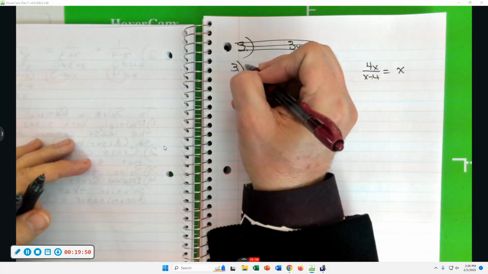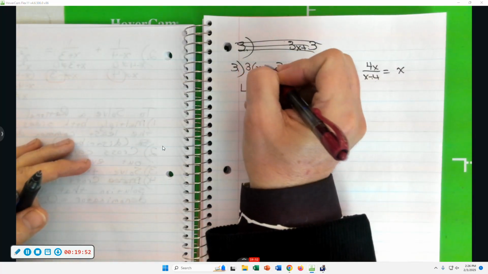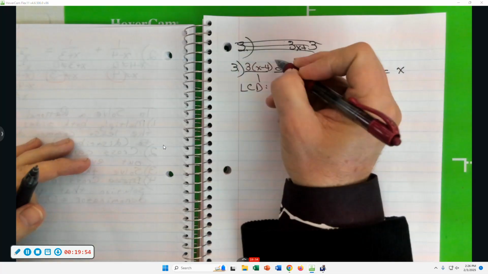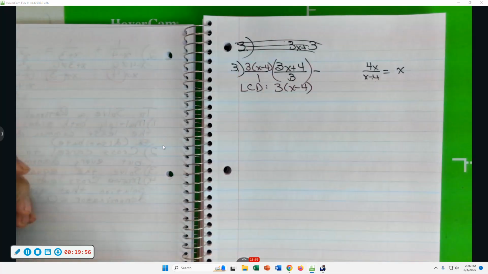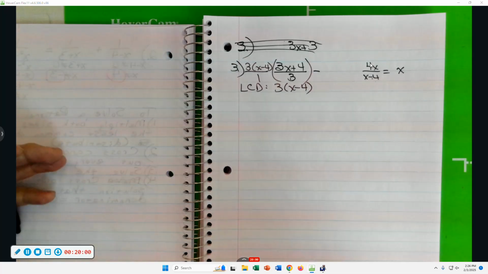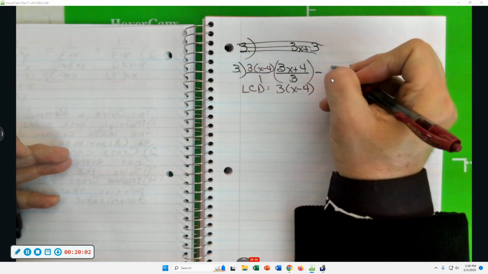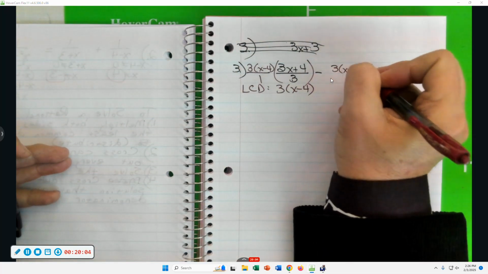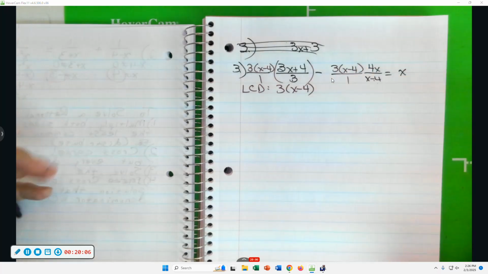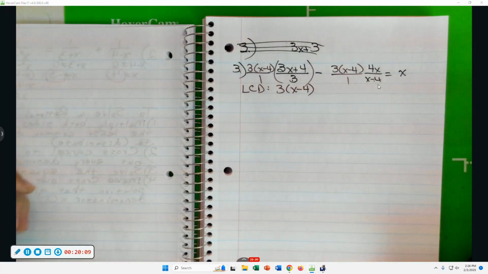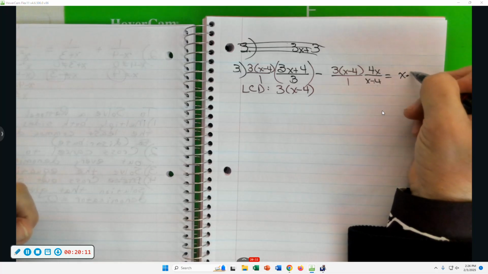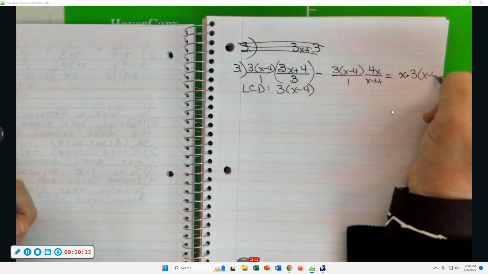I'm going to put a 3 times an x minus 4 right there over 1. I'll enclose those in parentheses. I think it makes it look better. I'll multiply this one by 3 times x minus 4 over 1. And I'm going to multiply this by 3 times x minus 4.